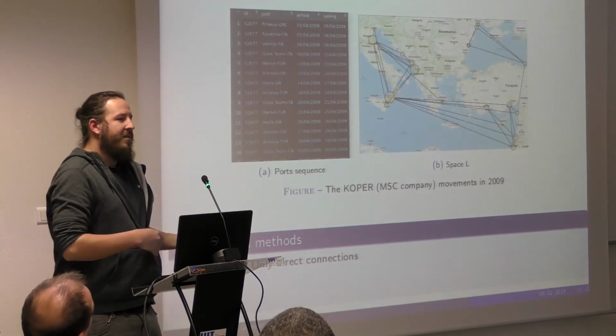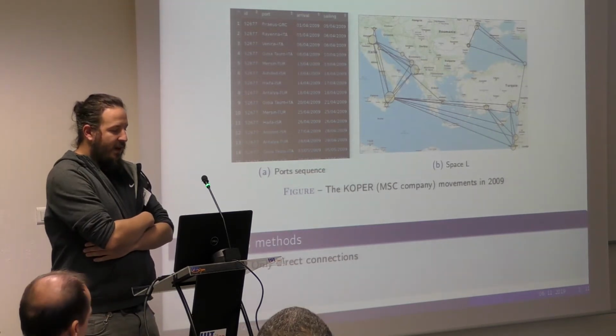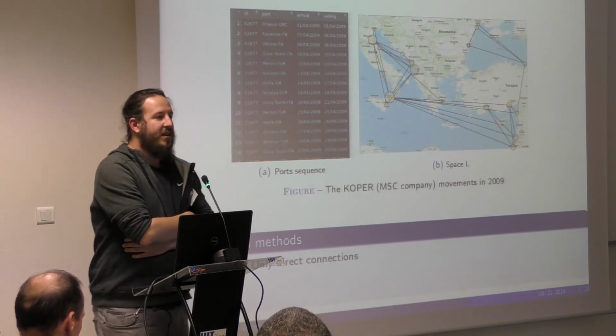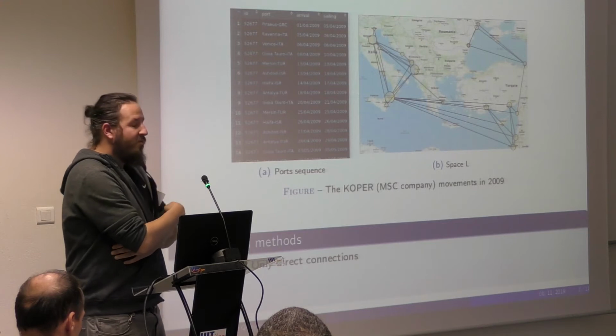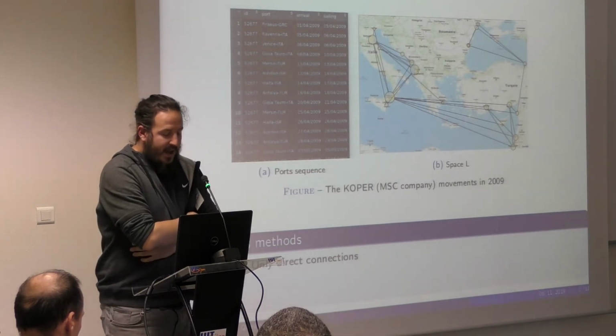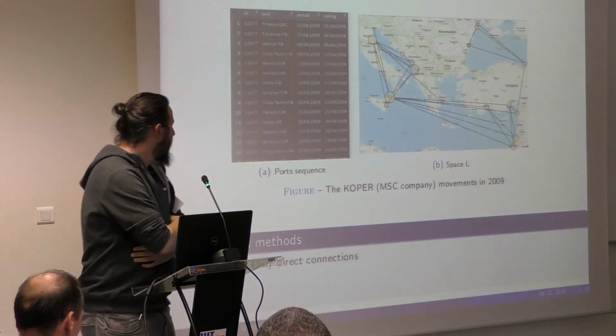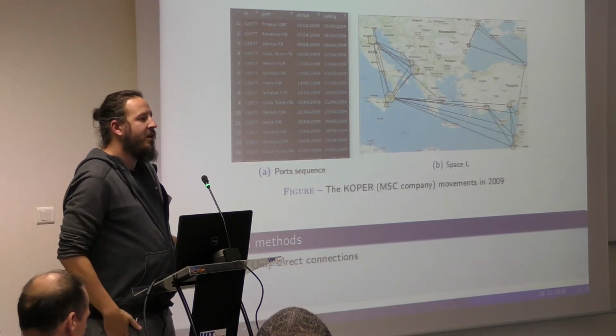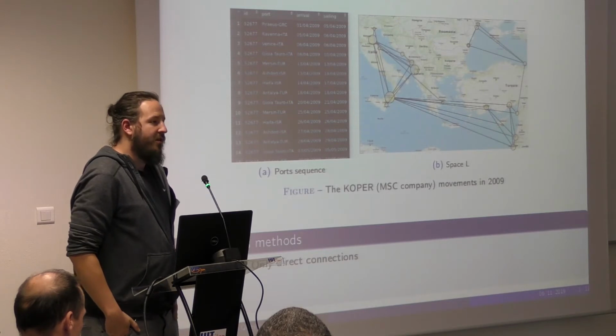So by sorting them according to the arrival date, for example, we can infer the movement of the ship and construct a network that includes only the direct connections between the ports.